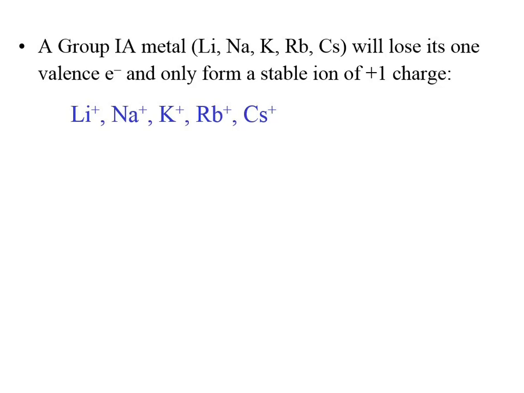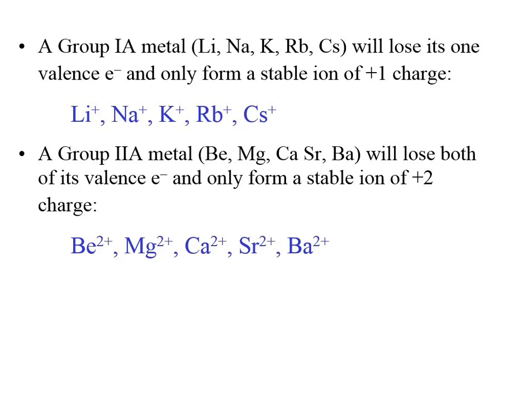These all will form a +1 charge if they're going to form an ion. If we go over 1 column, starting with beryllium, these 2A are going to kick off their 2 valence electrons, and if they're running around with 2 fewer electrons, they're going to have a +2 charge. So sometimes people will put a +2 charge there.